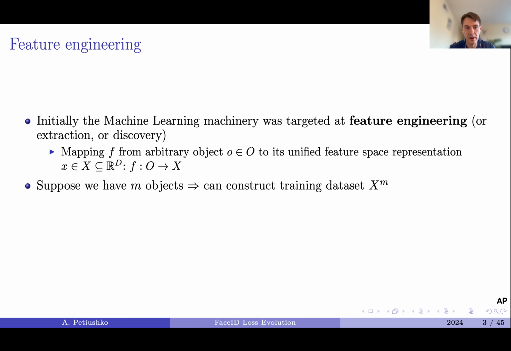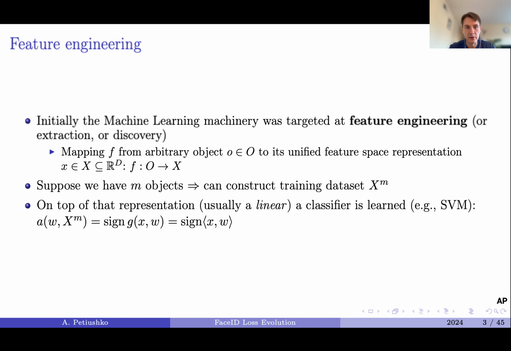Suppose we have m objects, so we can construct the training dataset X^m, as in the previous lecture. On top of this representation, we can learn usually a linear classifier, but not every time. In the previous lecture we called it a(x, w).